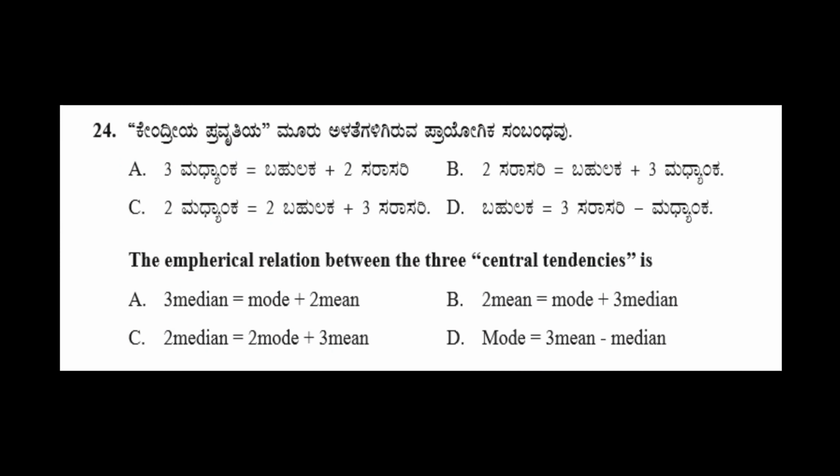Question number 24. The empirical relation between the three central tendencies is option A: 3 median is equal to mode plus 2 mean, option B: 2 mean is equal to mode plus 3 median, option C: 2 median is equal to 2 mode plus 3 mean, option D: mode is equal to 3 mean minus median.